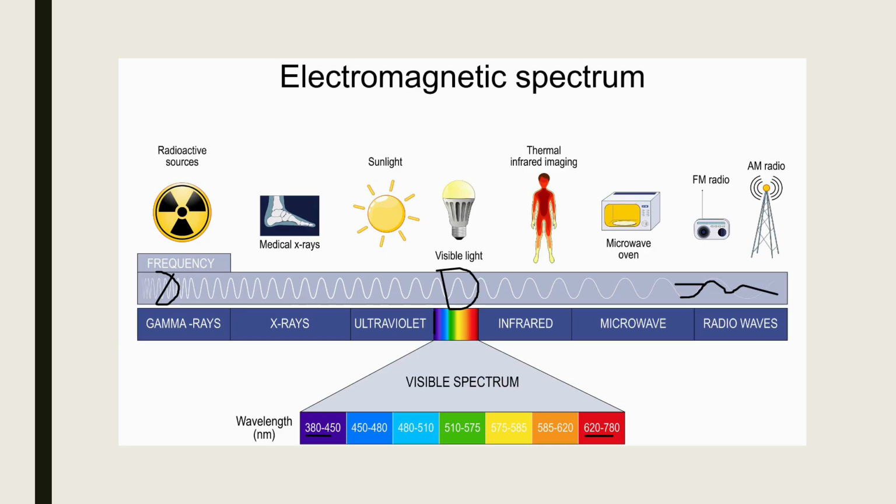And remember, these numbers are decreasing as we increase in intensity, and that just means that the intensity refers to the length between these wavelength crests.